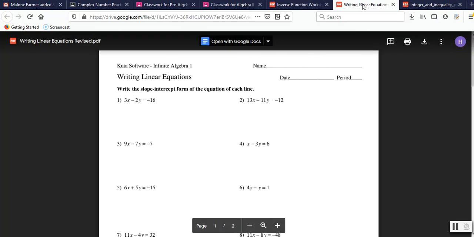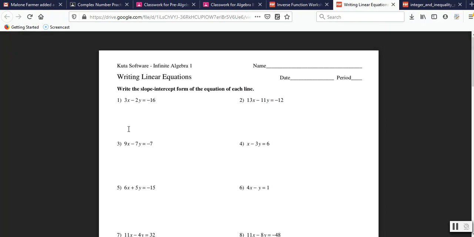Let's go to linear equations. Slope-intercept form of each line. We've done this before. I know it's been a while, but you should have had this in Algebra 1 as well, and it doesn't hurt to know how to do this. 3x minus 2y equals negative 16.